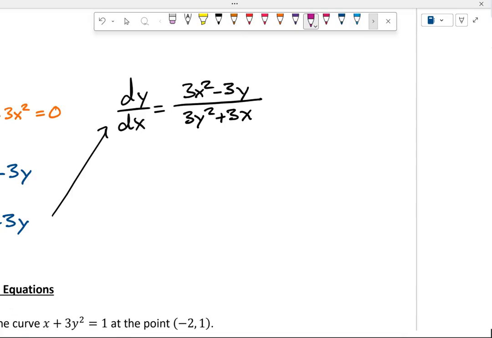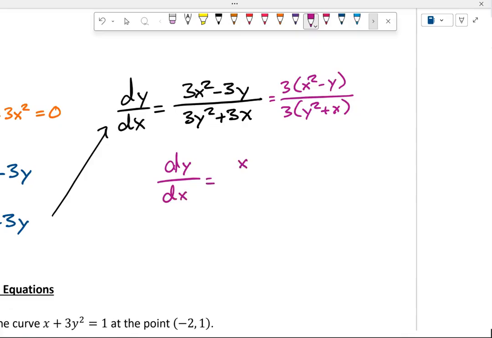What number do we see on every term? So I could factor a 3 out of the top and factor out a 3 on the bottom. Then what happens to those 3's? So then technically I could write it without the 3's. This would be the answer in like the book or multiple choice.